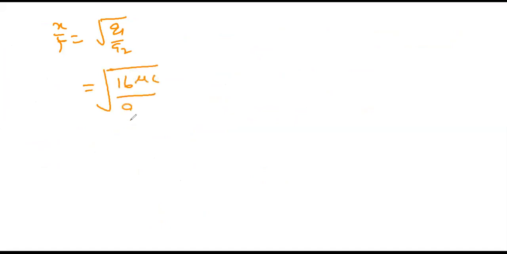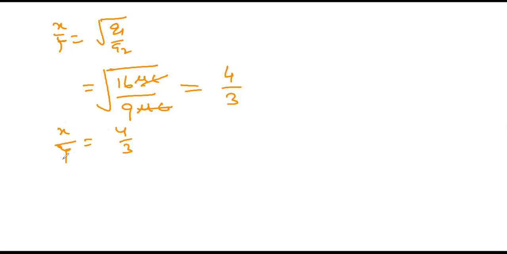So the ratio of x with y, x upon y is equal to under root q1 upon q2. Take the square root. Now substitute the values. q1 stands for 16 microcoulomb, q2 stands for 9 microcoulomb. These microcoulomb cancel. The square root of 16 is 4, the square root of 9 is 3. Now x upon y is equal to 4 by 3.